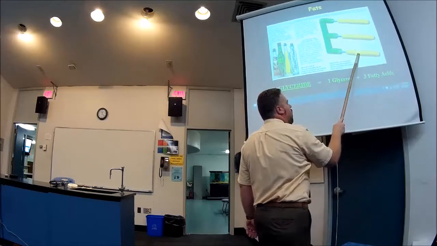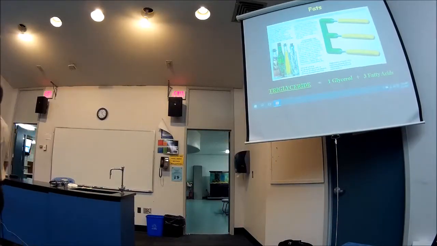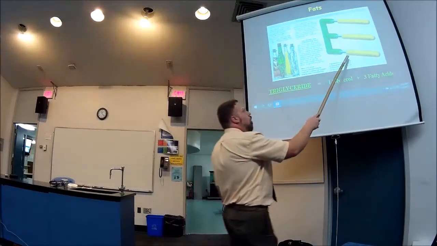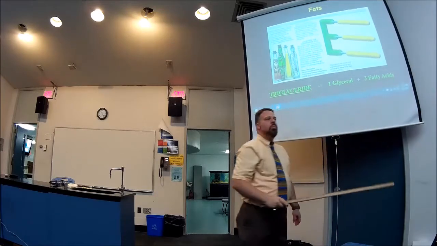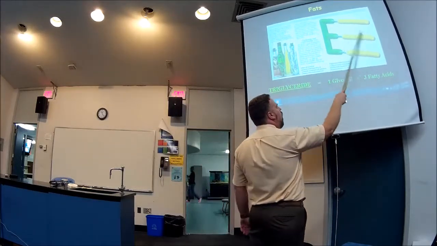And these fatty acids is where all those carbon skeleton areas are. And they could be 3 carbons long, they could be 30 carbons long. And it's made up here, here, and here.